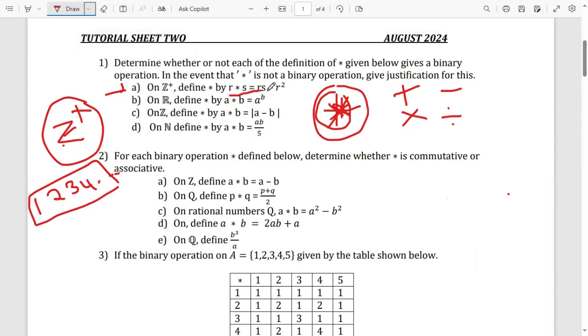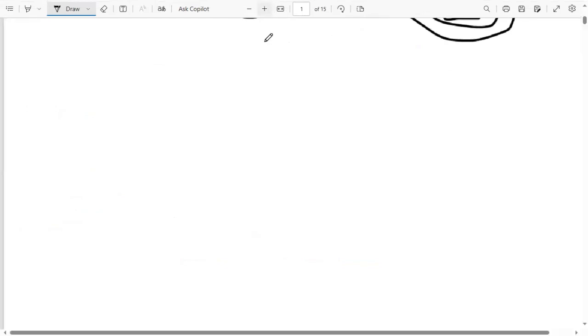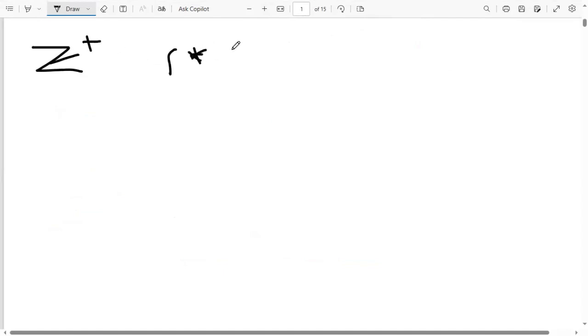We are given this as our binary operation: R star S equals RS minus R squared. So let's put it here. On this set of positive integers, R star S is the multiplication of R and S, and then minus R squared.